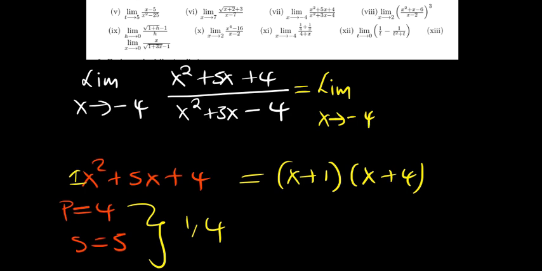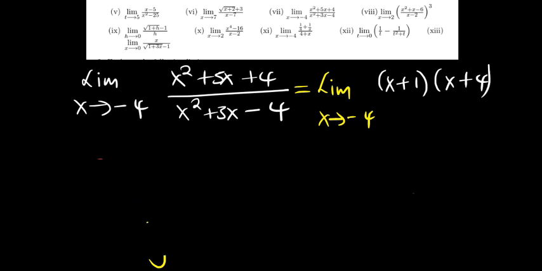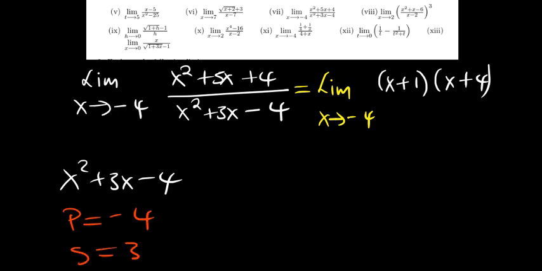For the top part we have (x plus 1)(x plus 4). We can look at the denominator. Feel free to pause the video and factorize it. So we have x squared plus 3x minus 4. The product here is a minus 4. The sum here is a 3. So the product, multiply the coefficient of x squared and the constant, and the sum gives the coefficient of x.